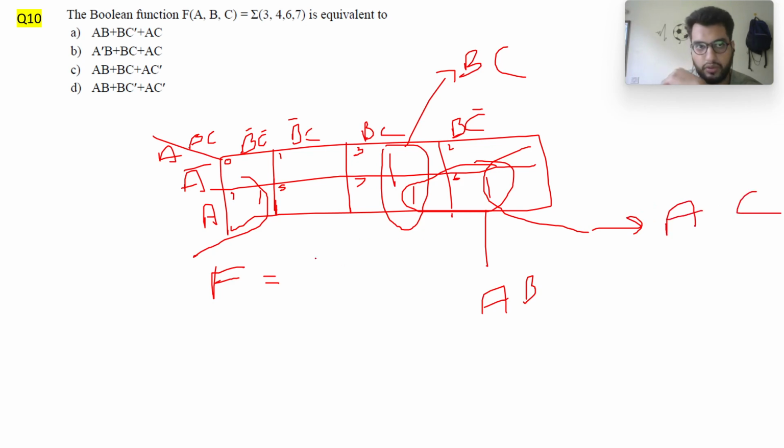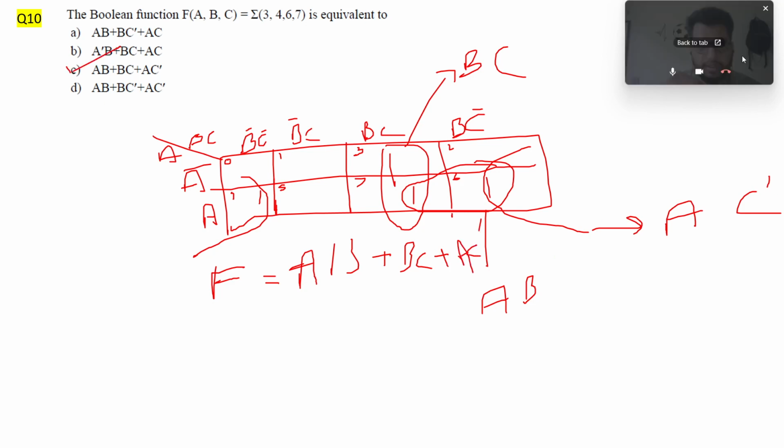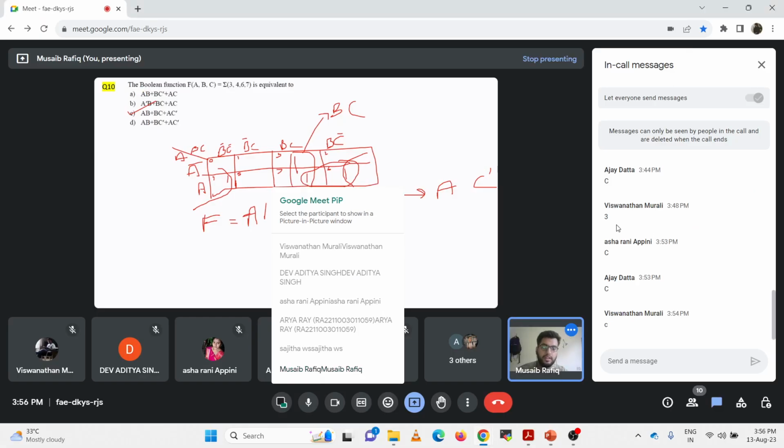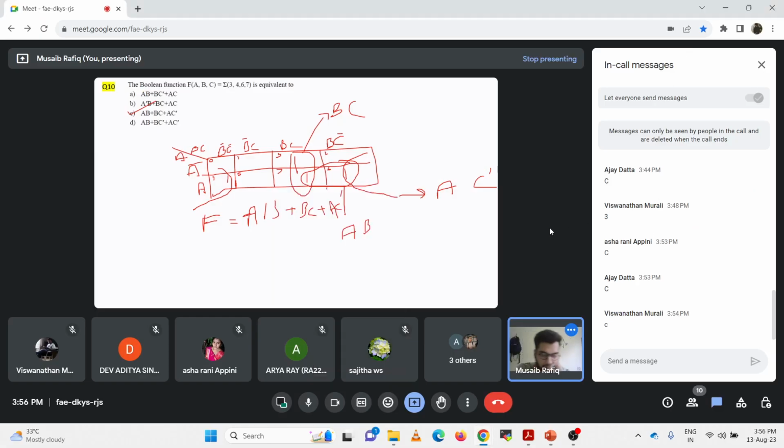So F will be equal to AB plus BC plus AC dash. That is option C. Any doubts in this question?